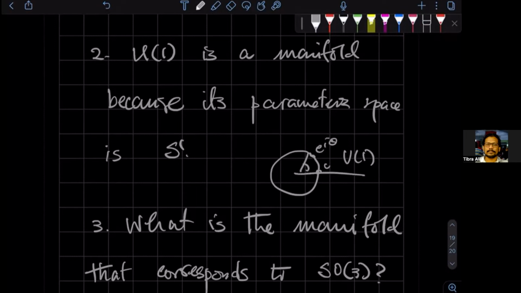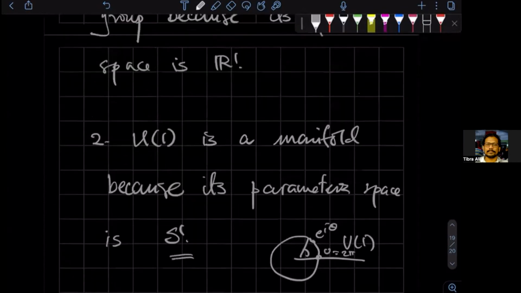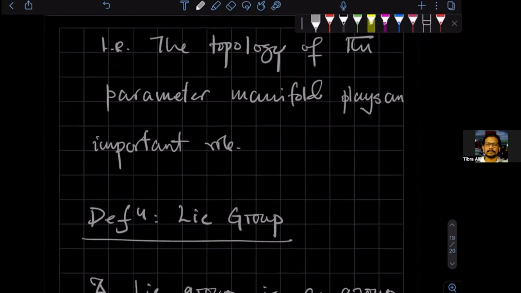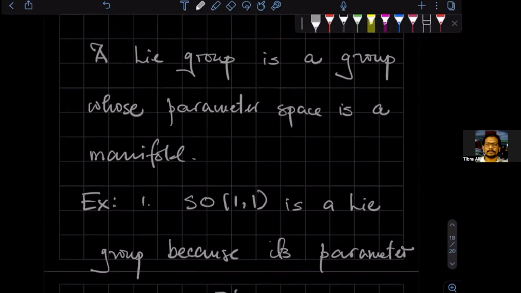So theta equals 0, but this is also 2 pi. That's why it's an S1. Okay, any other questions or comments?